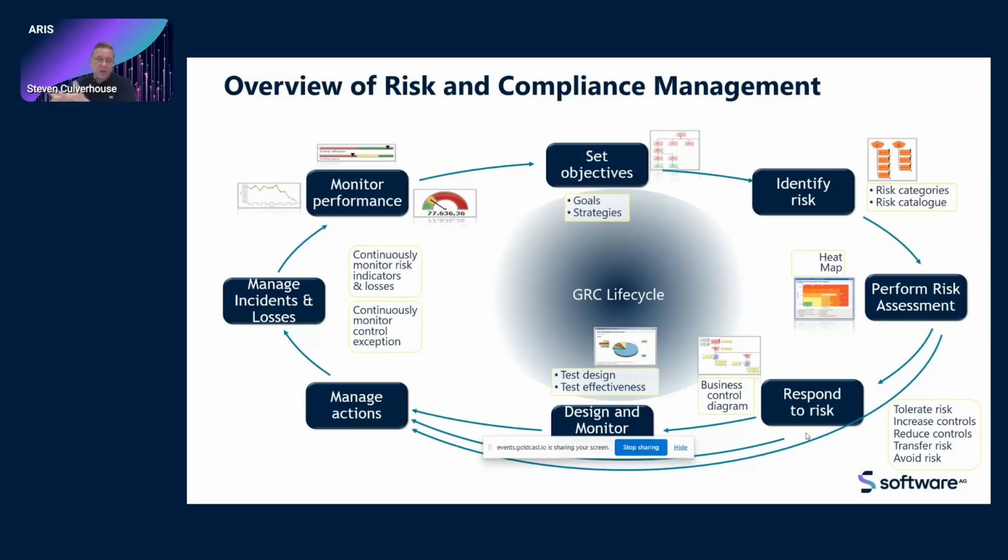So where we do need to implement controls, we can obviously create those controls, and hopefully those controls will help mitigate either the probability of the risk occurring, or they will reduce the impact should that risk occur, or they may well reduce both. Okay, so we design controls, we implement them, and then of course what we really need to do is make sure that they're effective, so we can then test those controls.